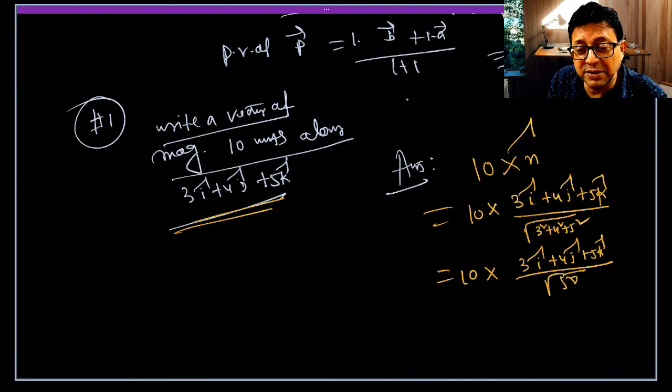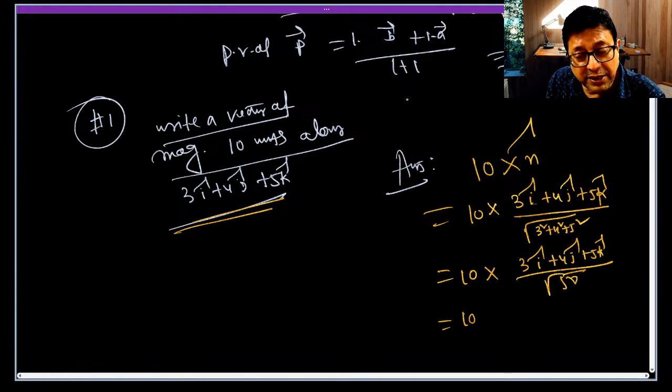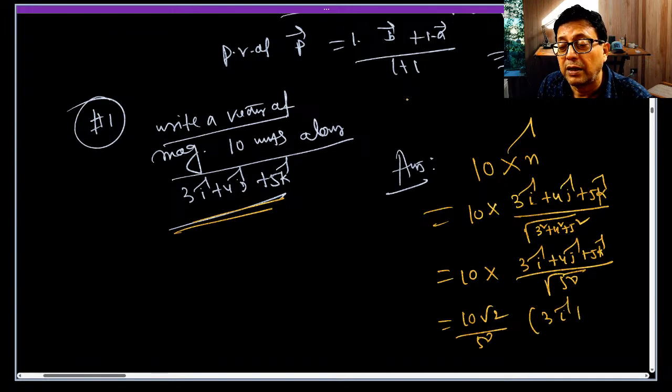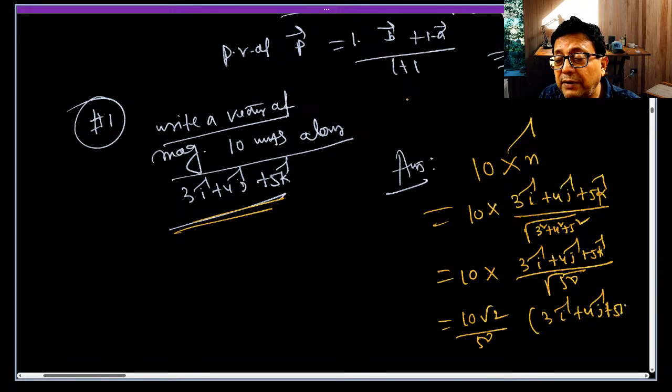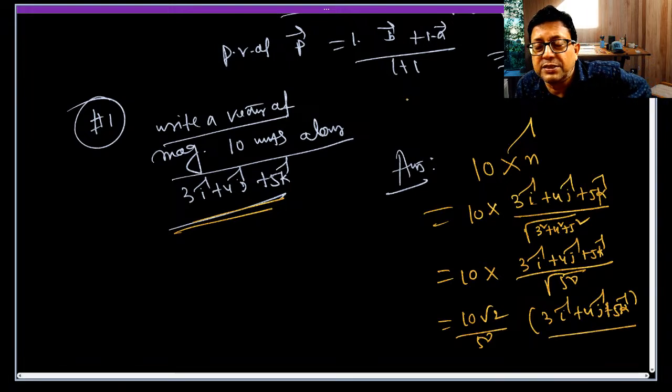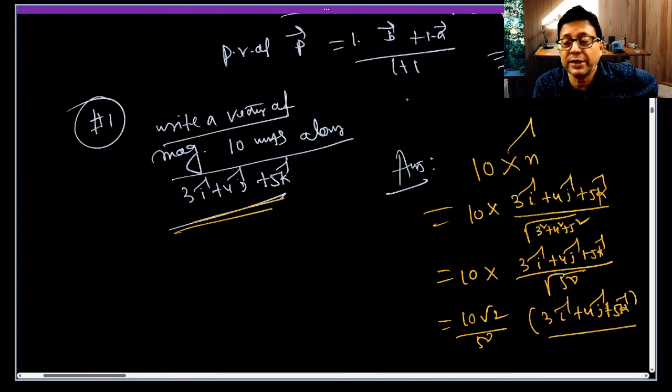You can cancel a bit. You write 10 into root 2 by 50, 3i, 4j and 5k. So this is root 2 by 5 into this, the unit vector along the direction of the given vector. Okay.